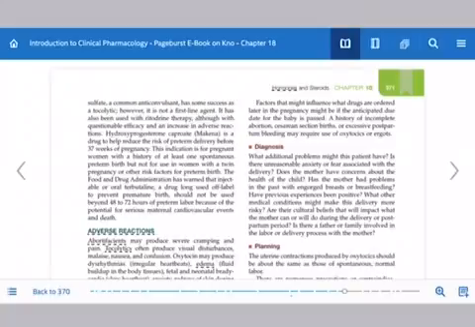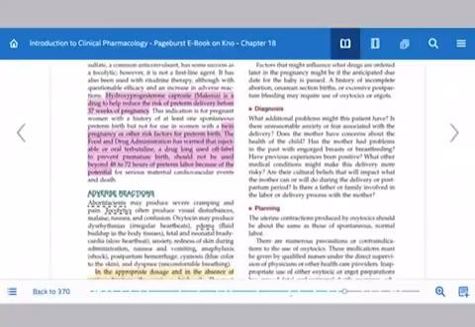It helps reduce the risk of preterm delivery before 37 weeks. Also, it says the Food and Drug Administration has warned that injectable or oral terbutaline, a drug long used off-label to prevent premature birth, should not be used beyond 48 to 72 hours for preterm labor because of the potential for serious maternal cardiovascular events.